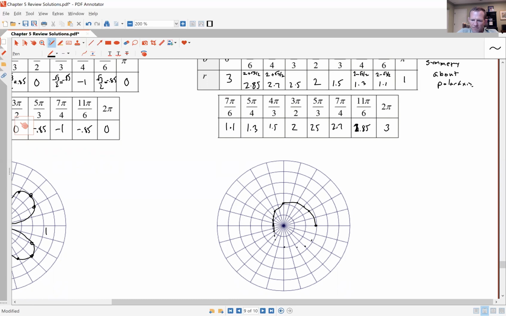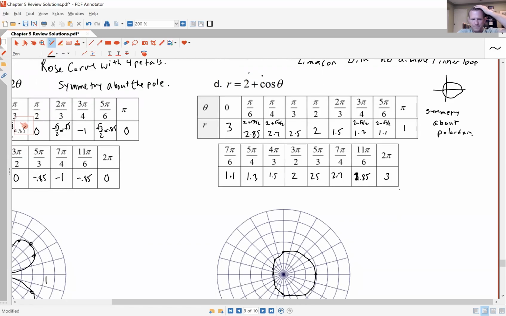And so we can finish off this limaçon with no dimple, no inner loop.